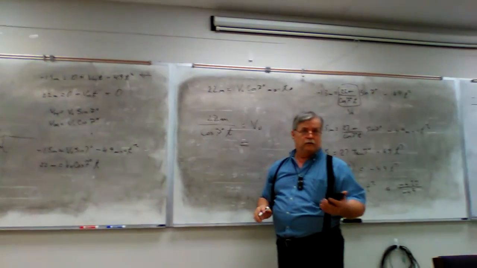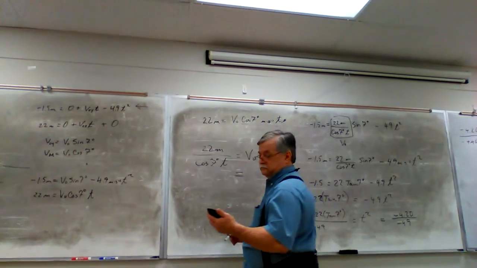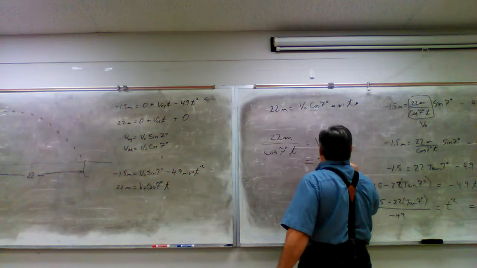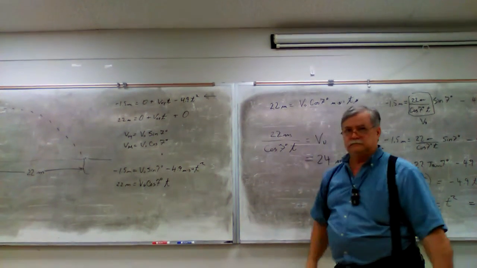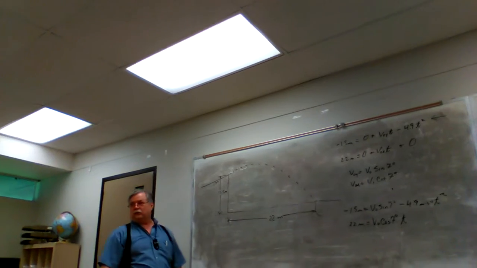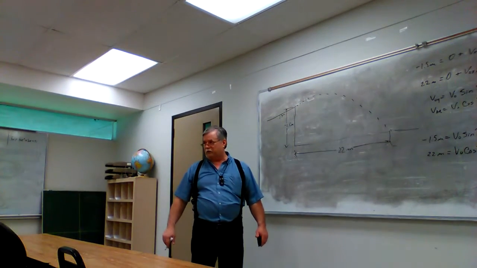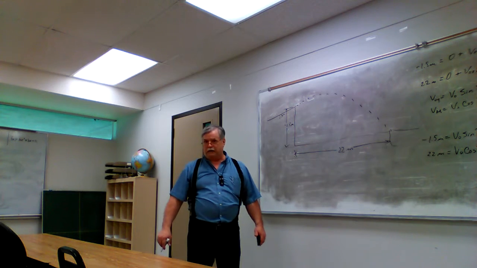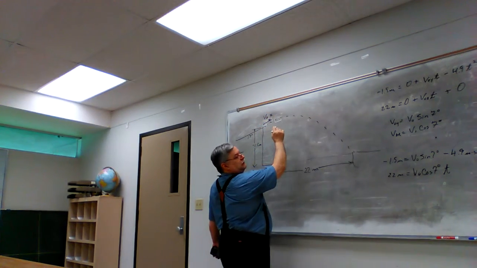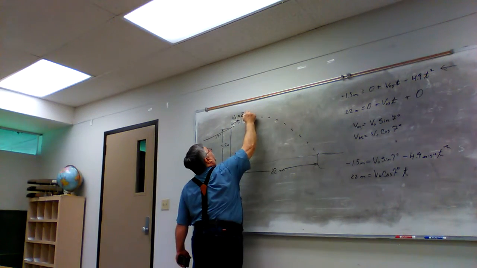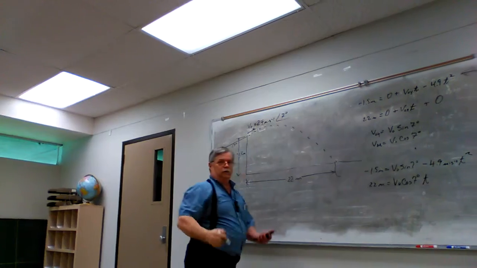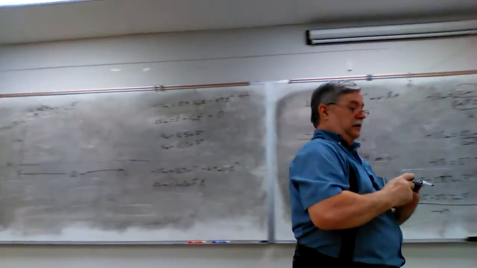Who's got an answer? Okay, so we're going to go with 2 digits. 24 meters per second. And if I'm not mistaken, that was what the question asked for, what velocity does it need to leave the ramp with? 24 meters per second at 7 degrees.